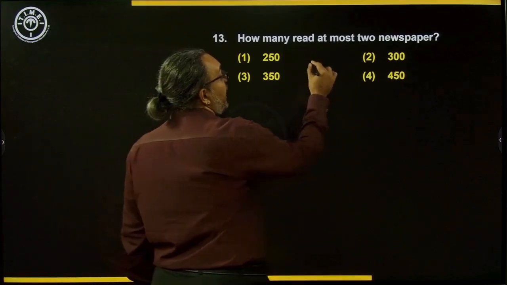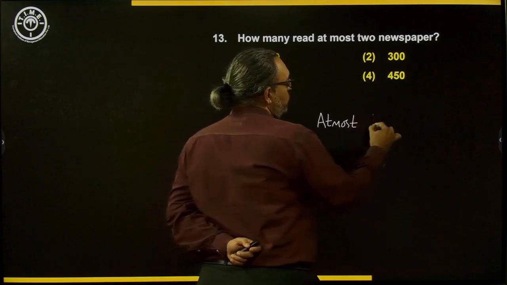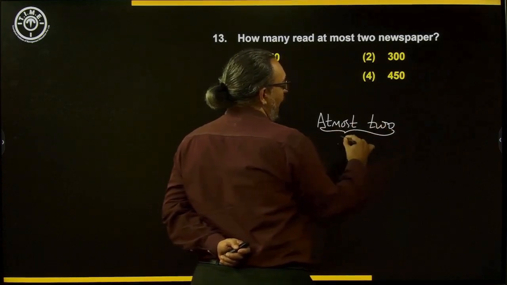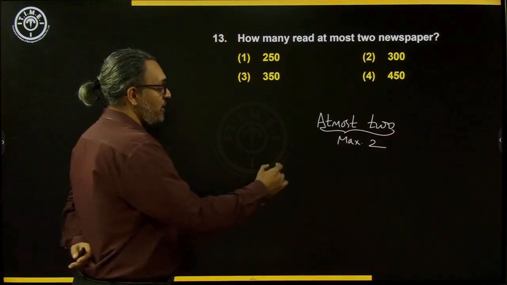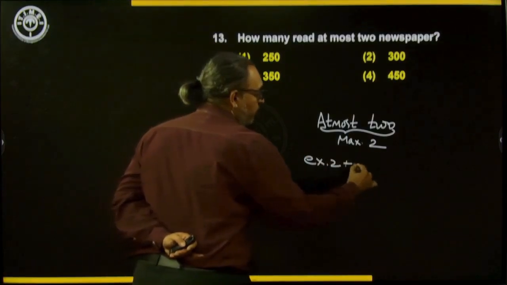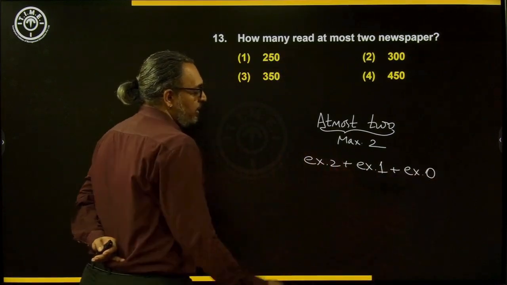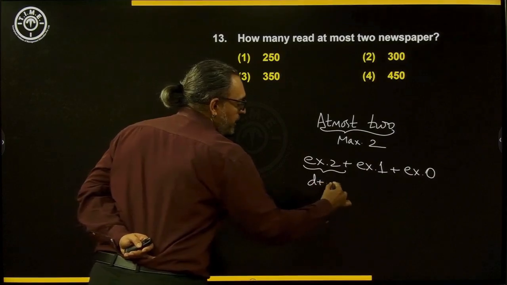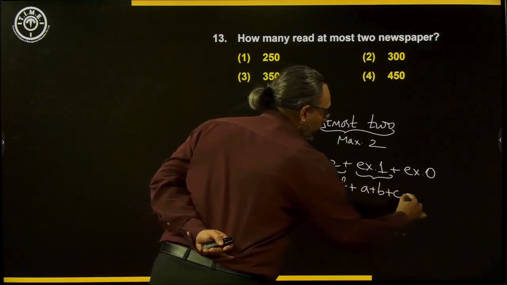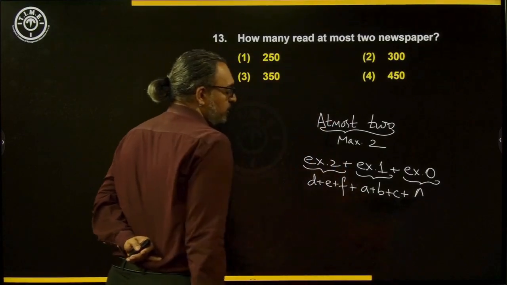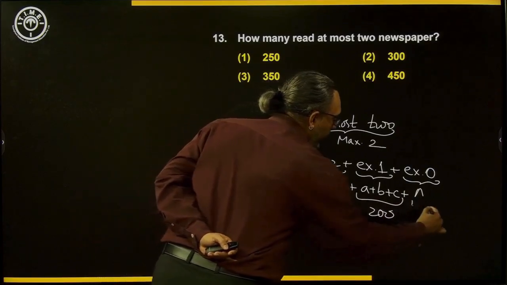Then how many of them read at most 2? At most 2 means maximum 2. So maximum 2 means 2 and less than 2, means we have exactly 2 plus exactly 1 plus exactly 0. So exactly 2 we know is D plus E plus F, exactly 1 we know is A plus B plus C, and exactly 0 is N. So you know D plus E plus F is 200, A plus B plus C is 200, N is 50.